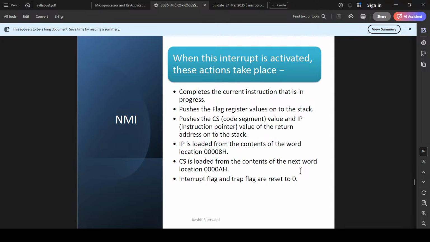Completes the instruction whichever it is doing. Pushes flag register value. Pushes code segment value. Pushes IP value, the instruction pointer, and this will point at the return address.